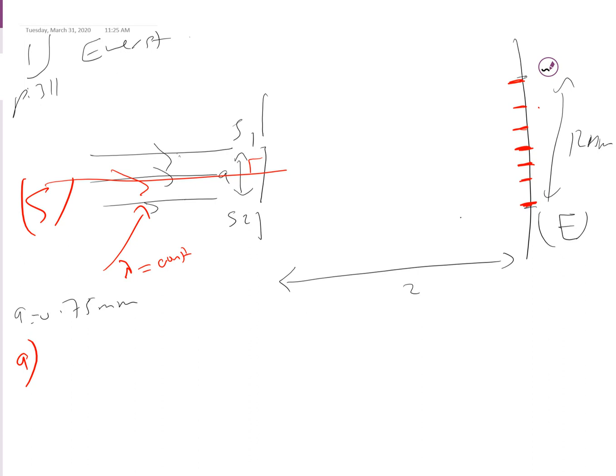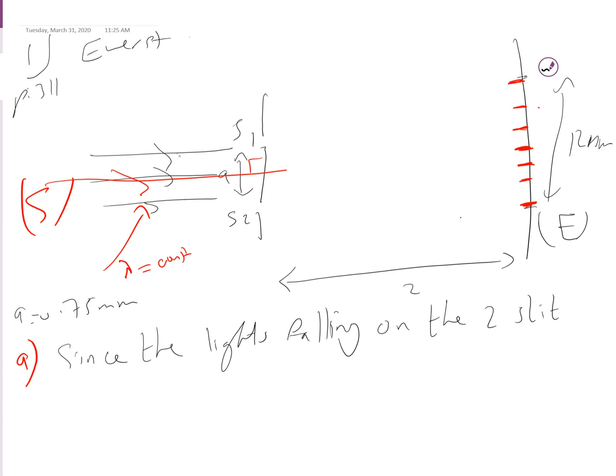So we can say that in part A, since the light falling on the 2 slits originates from the laser source, this means that the light is synchronous and coherent, as I've said before.